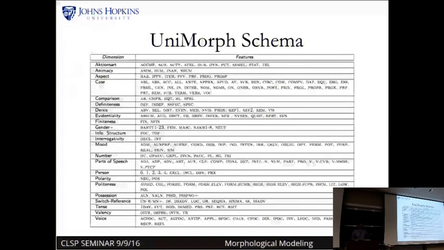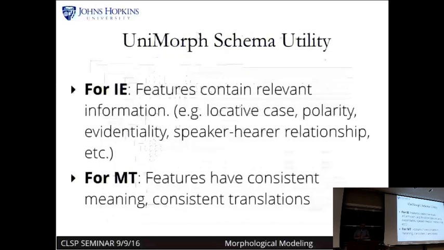Here's a quick overview of the schema. It's non-exhaustive. And hopefully, we'd like the schema to contain information that's useful for downstream HLT tasks. So for example, for information extraction, I already mentioned switch reference, which should help with co-reference. But there's also locative case, for example, that can help you extract places.